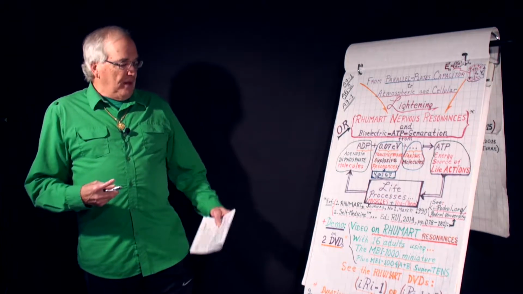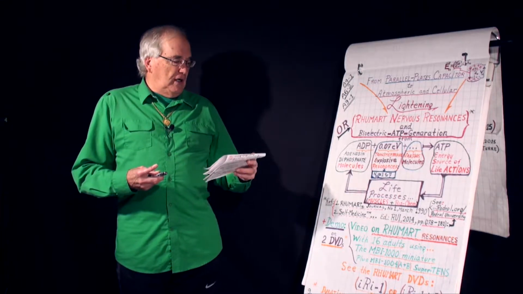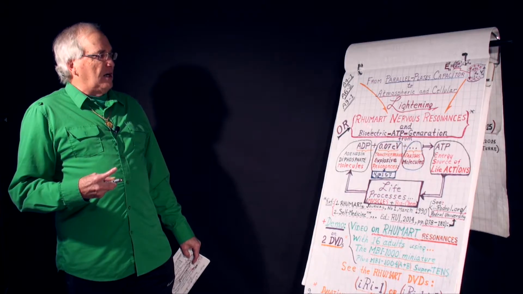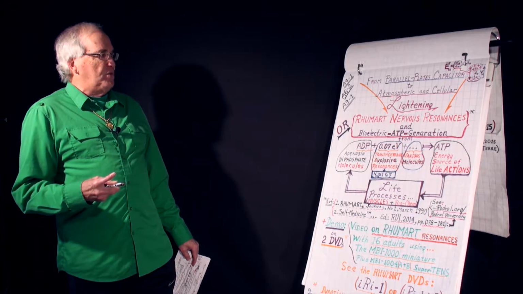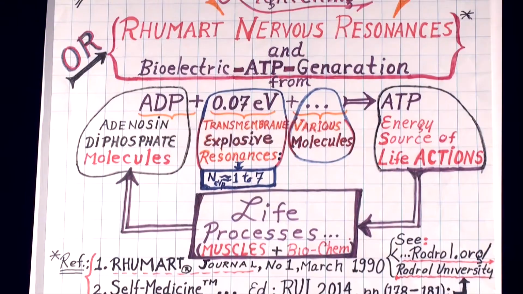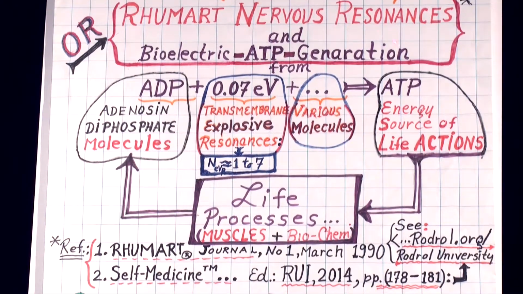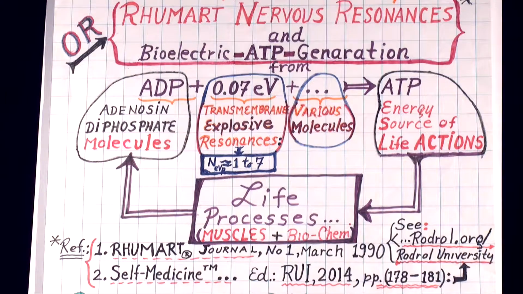Now, just to come back to this diagram, I've talked a bit about the rheumatoid nervous resonances. Now I want to talk about the bioelectric ATP generation from ADP, adenosine diphosphate.